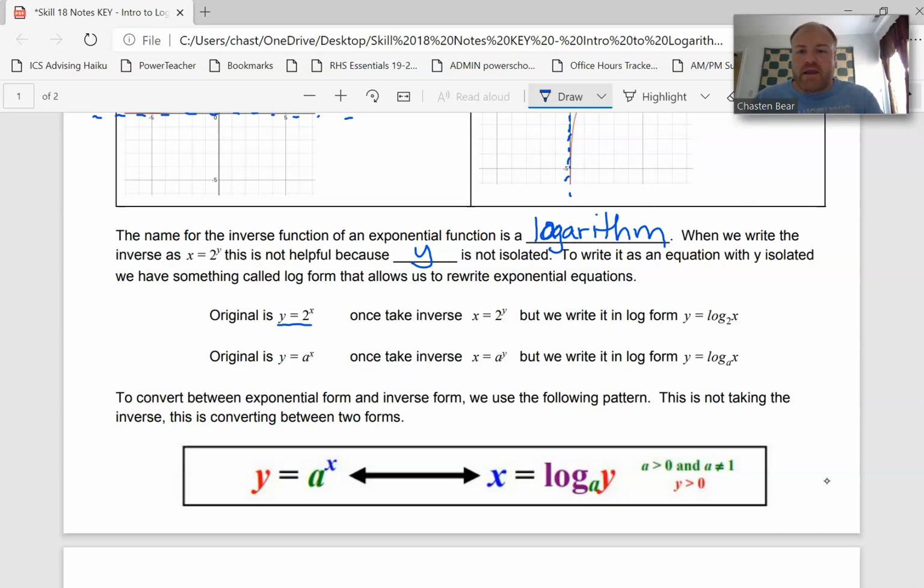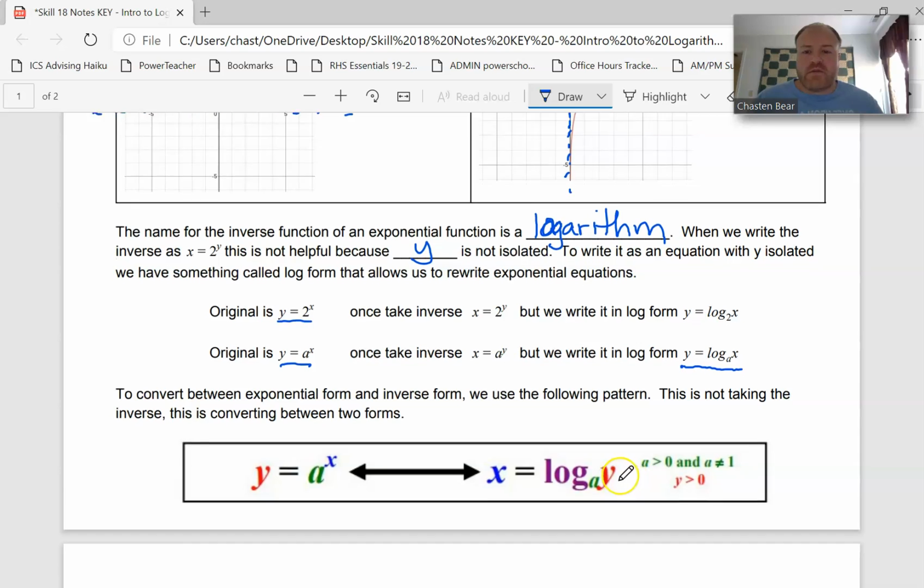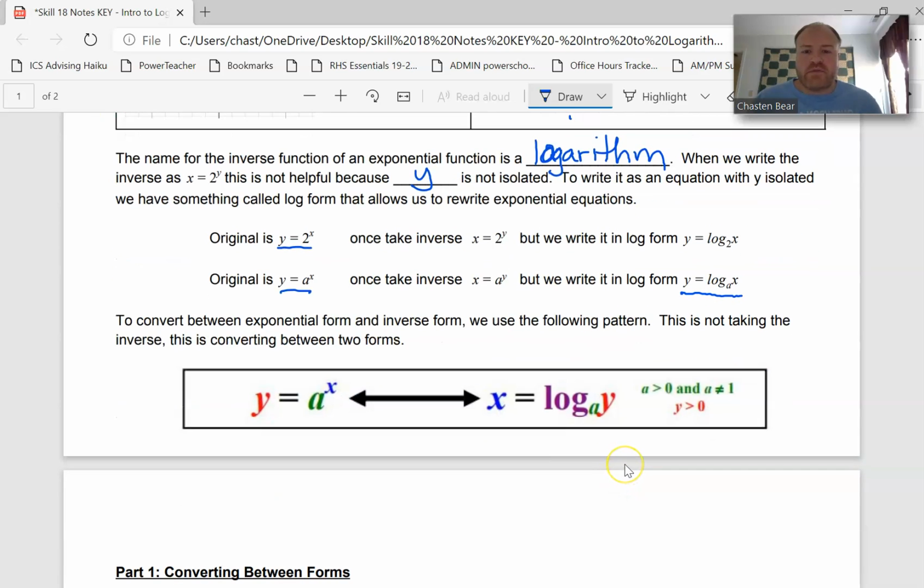So generally, if you have y equals a to the x, your log form will be y equals log base a of x. So to convert between the exponential and logarithmic forms, you'll just use this pattern. So this is the exponential form, and this is the logarithmic form.